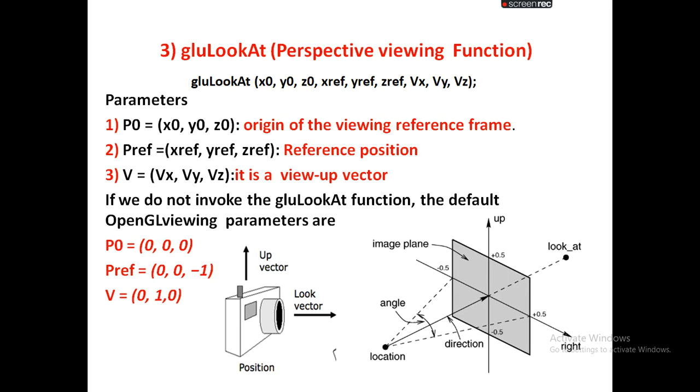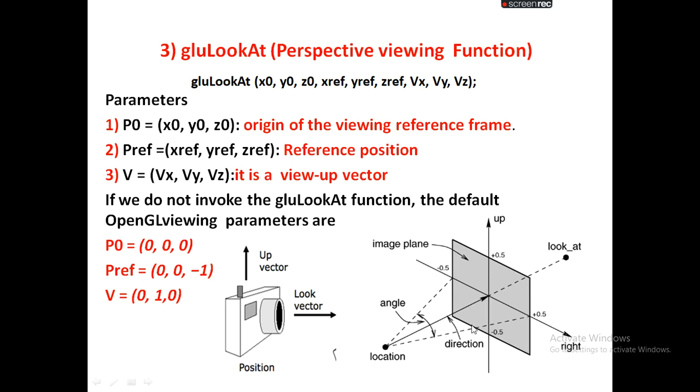When I keep the camera here, I am viewing in this direction. This is the look-at direction or viewing direction. When you are viewing in this direction, we are viewing the object towards the negative z axis. This is our look-at point.